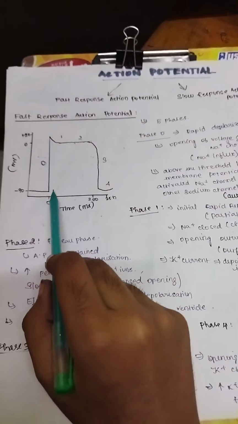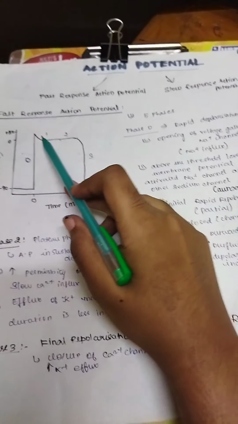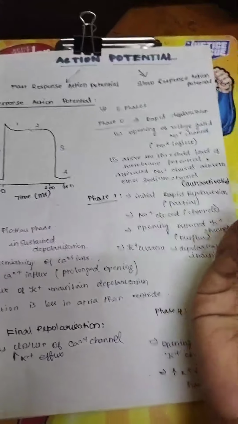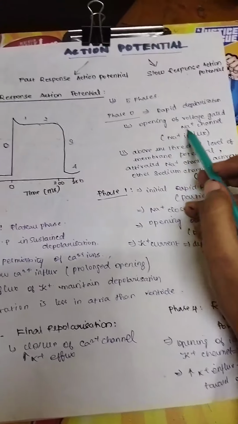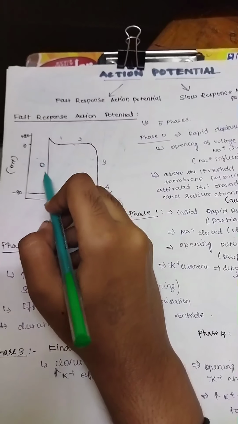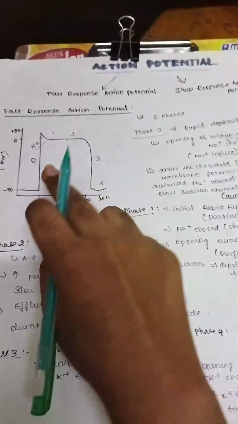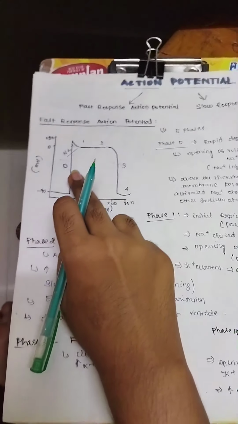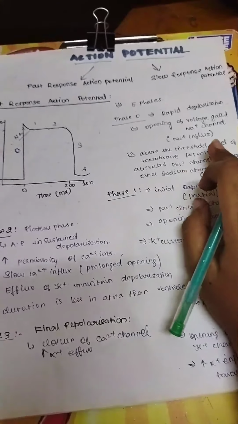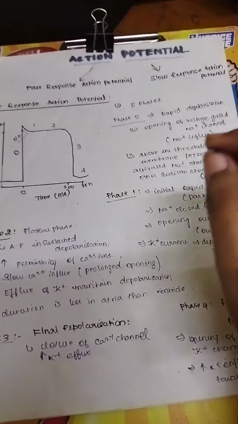You can see the peak, which is increased so much. This depolarization is caused because the sodium channels get opened, so more sodium comes into the myocardial cells.